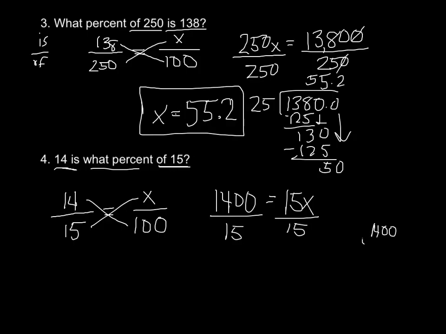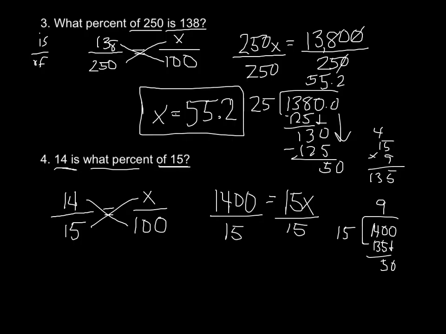Top divided by the bottom. 15 goes into 14. Well, we can't do that one. So we'll have to ask ourselves, how many times does 15 go into 140? I'm going to guess about 9 times. And 15 times 9, 45, 9, 10, 11, 12, 13, 135. Bring down my 5, 0. 15 goes into 50.